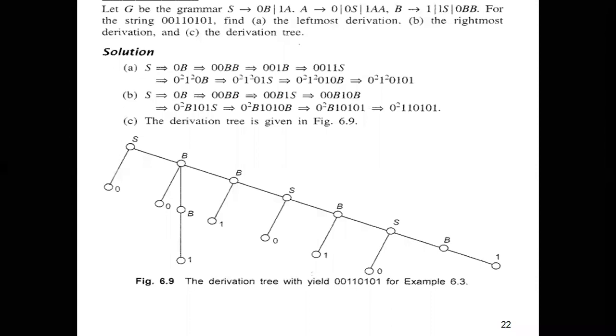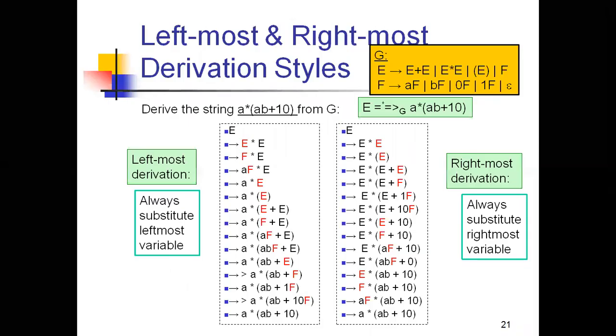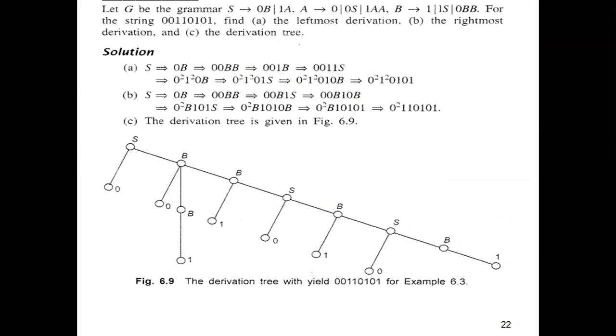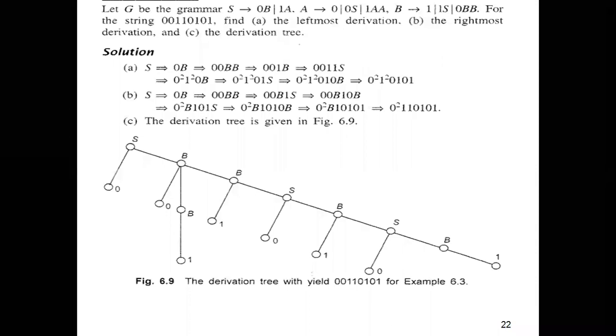Then the types of derivations, leftmost and rightmost, their definitions, and with an example I explained how to derive the leftmost and rightmost derivation styles. And then finally the derivation tree structure for the leftmost. If you understand how to derive the leftmost derivation tree, then it is very easy to derive a rightmost derivation tree.